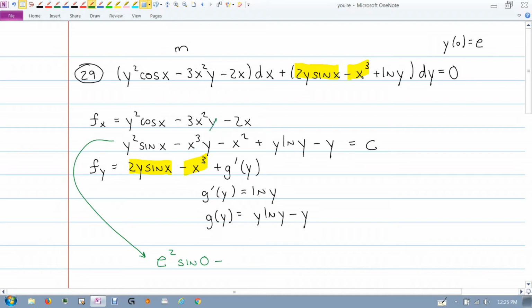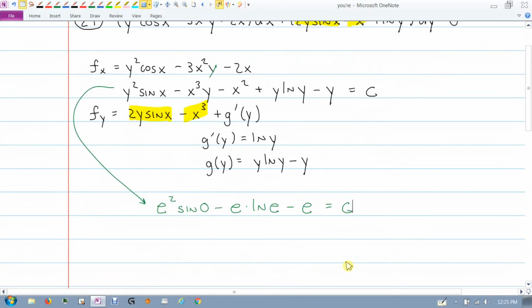And then we have e times natural log e minus e equals c. All right. Sine of 0 is 0, so that's gone. Natural log of e is 1. So we get minus e equals c. So negative 2e equals c.